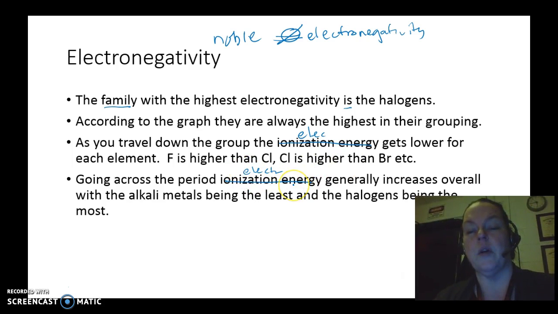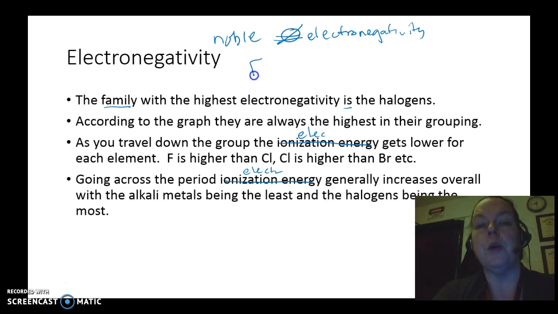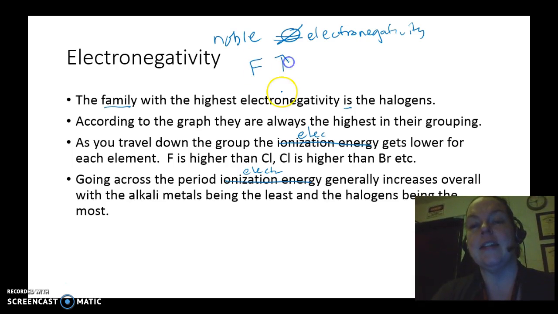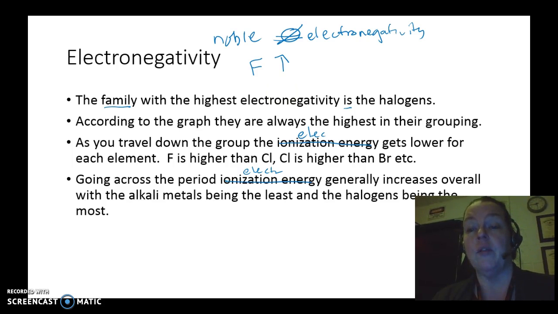Okay, replace those words for me, please. The electronegativity gets lower for each element as we go down. So that means fluorine has the highest electronegativity. So what element has the lowest electronegativity? Well, if we get lower as we go down the family, that means the lowest ones are the alkali metals. So francium has the lowest electronegativity.